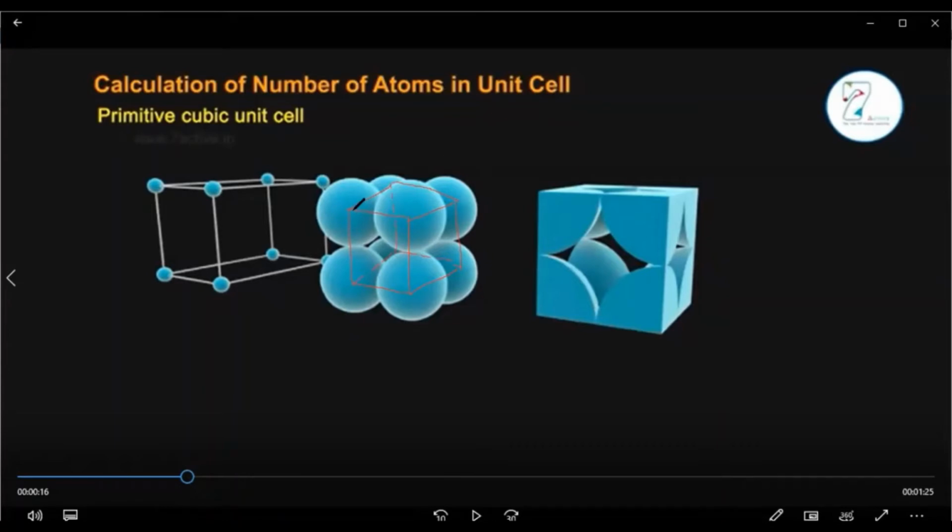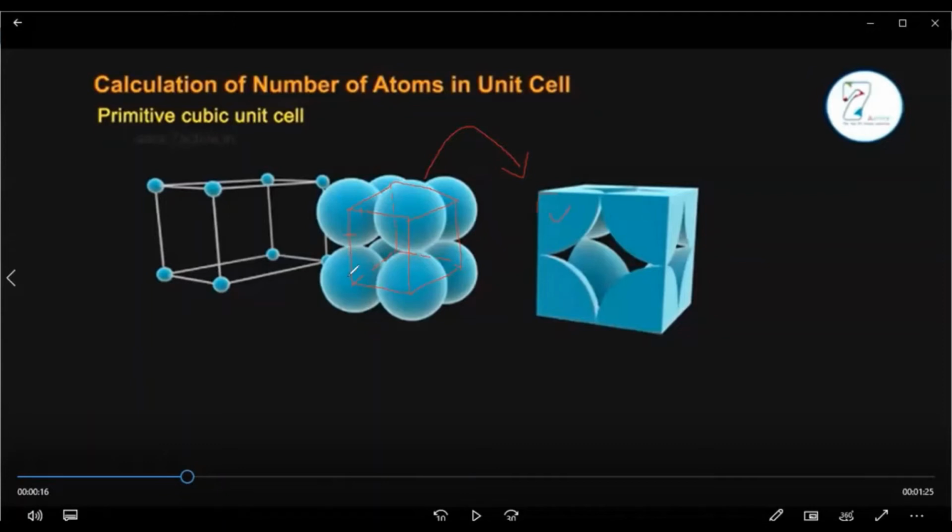Now, the volume enclosed by the lines which I have drawn, if I actually cut them, will look like this. So here and here, due to this line and this line, 1/4 of a complete atom will be removed, right? So by this line and this line, you see this particle is removed.